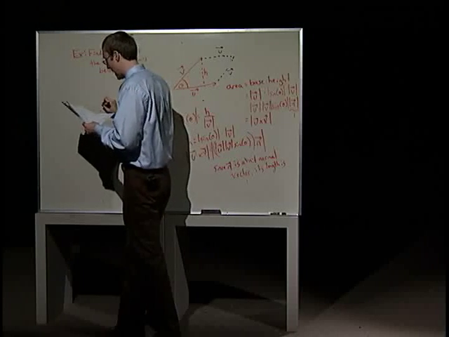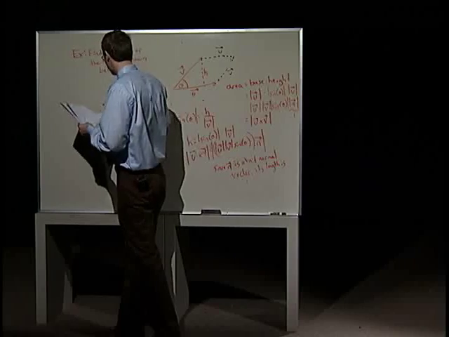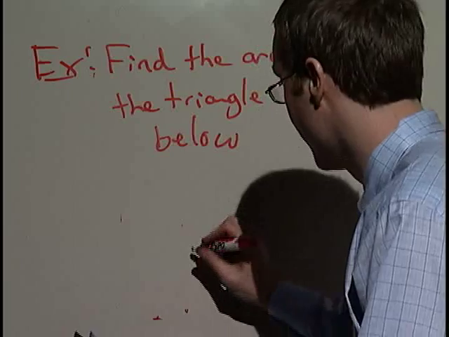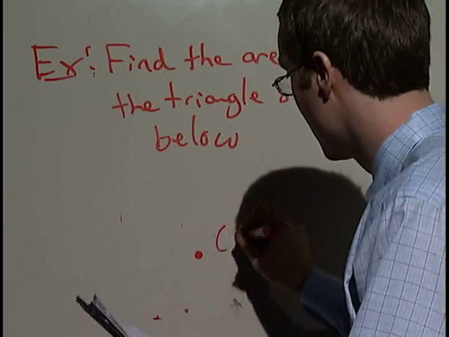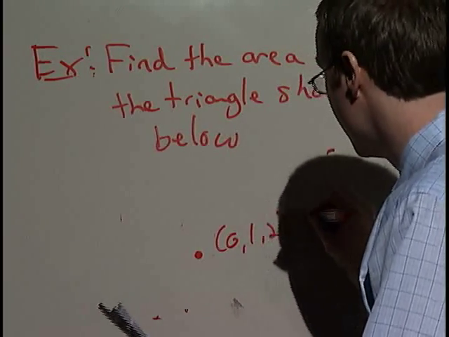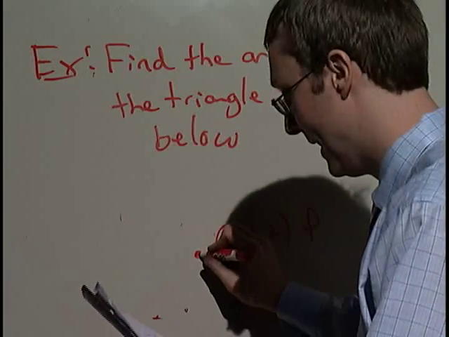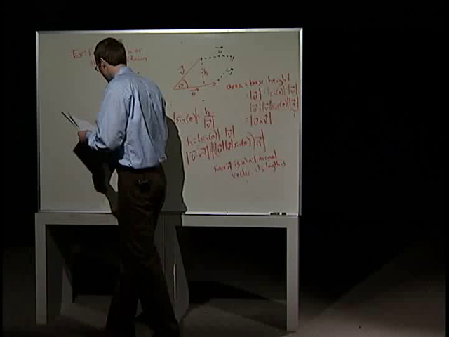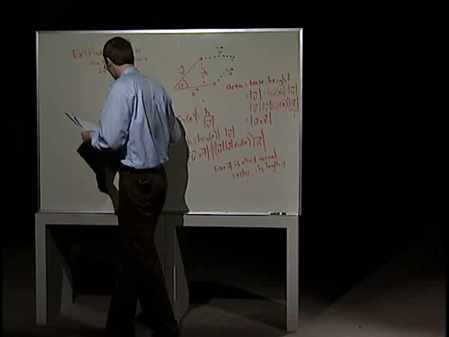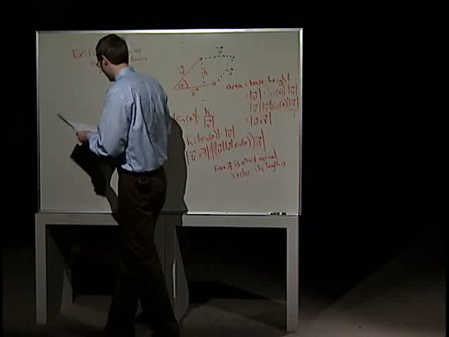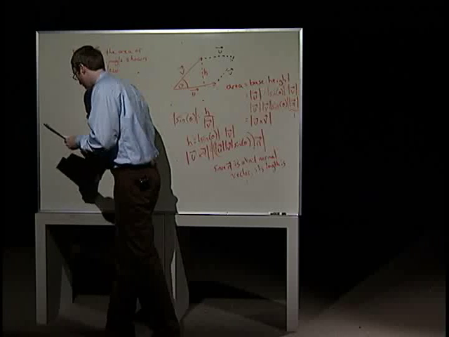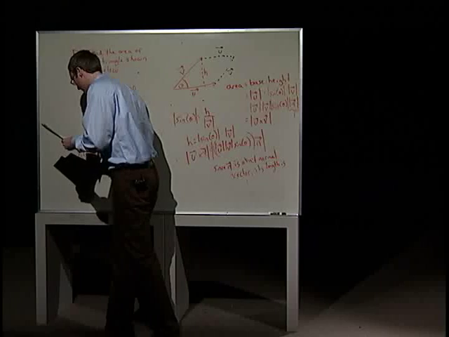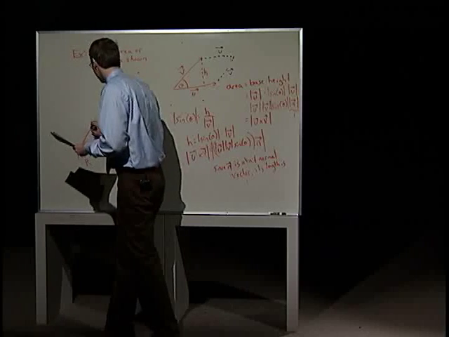I will use the exact same triangle we had before. Here's P, which was that point 0, 1, 2. It's going to bump itself down to get to Q, 1, 0, negative 2. There's Q. And then go over here to R, 1, 1, negative 1, something like that.